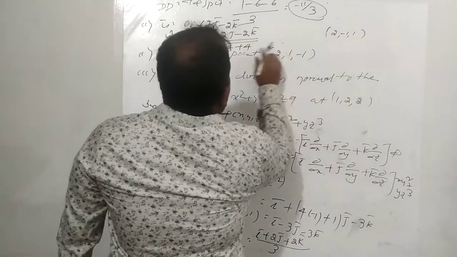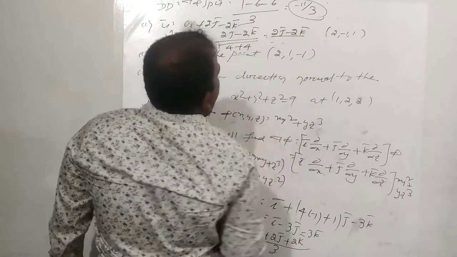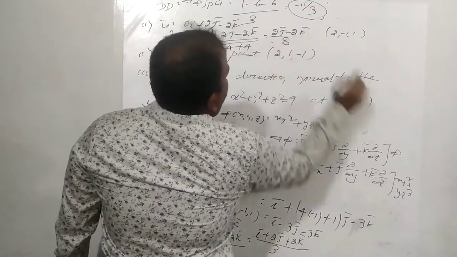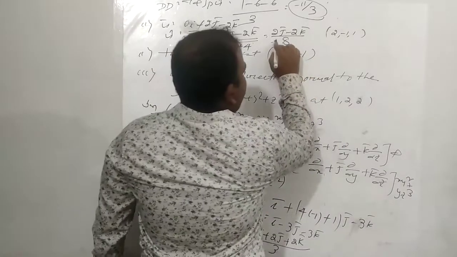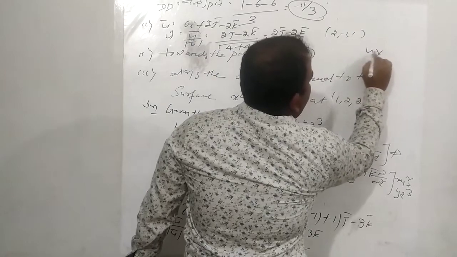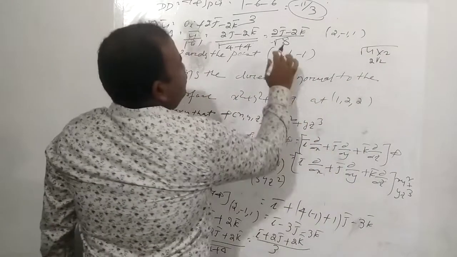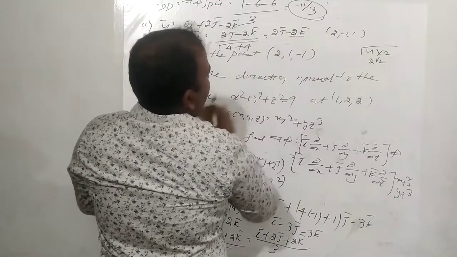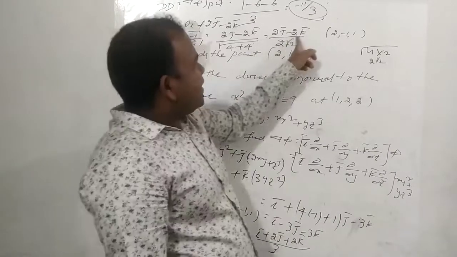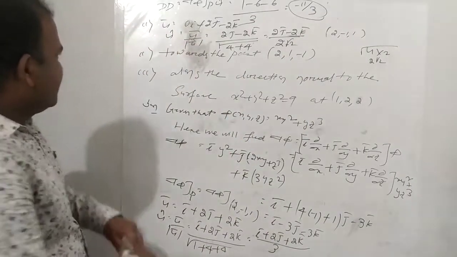So this is 2j minus 2k upon root 8. Root 8 means root of 4 into 2, so this is 2 root 2. So this is 2j minus 2k upon 2 root 2. This is our u cap.